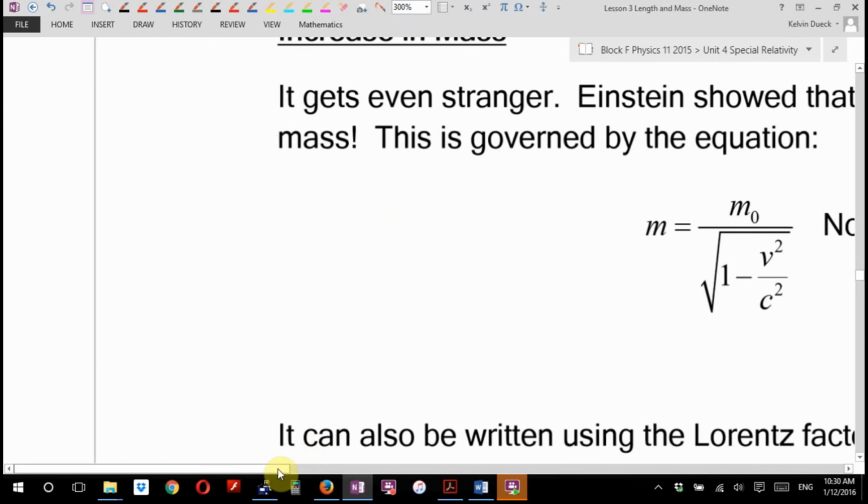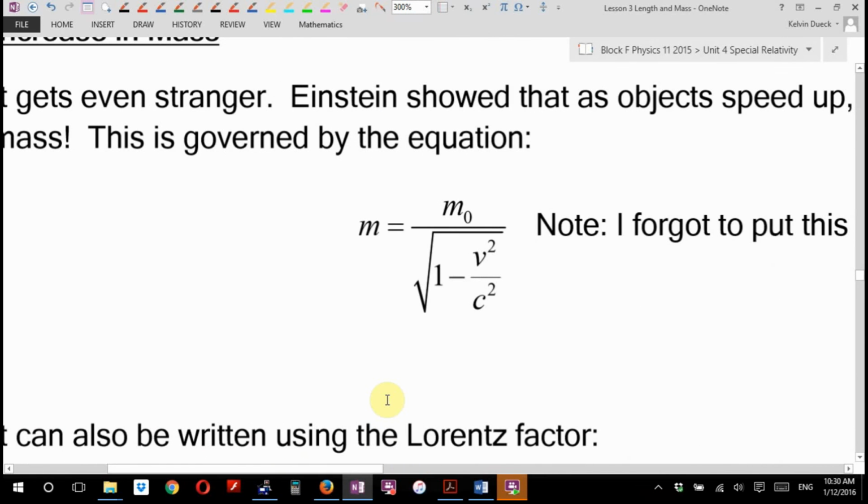On your formula sheet, in the relativity section, you want to add m equals m0 over the square root of 1 minus v squared over c squared. Or if you're really clever, you could write it with gamma, because it's that gamma, that Lorentz factor.